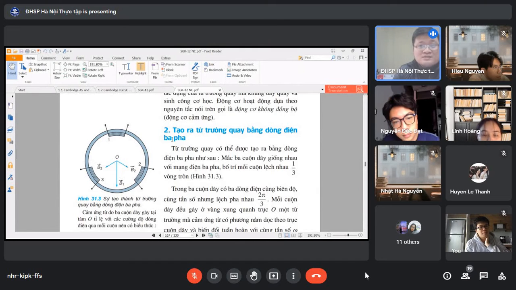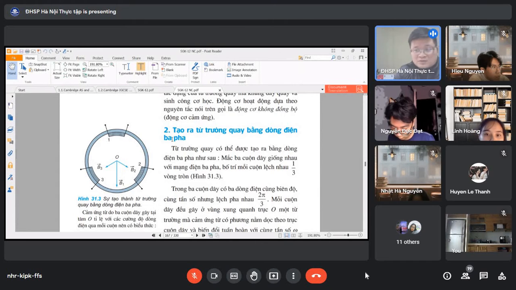The principle behind it is simply that we make use of the magnetic force. We need a magnetic field, and a coil with a current inside. There are many ways to create a current in the coil, and then under the effect of the magnetic field there will be a magnetic force, and the force will cause the coil to turn.